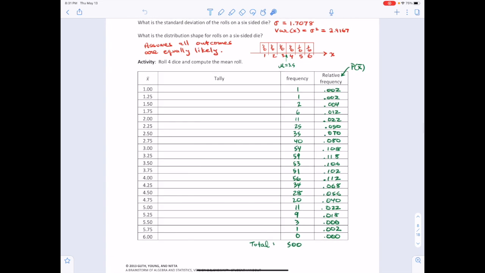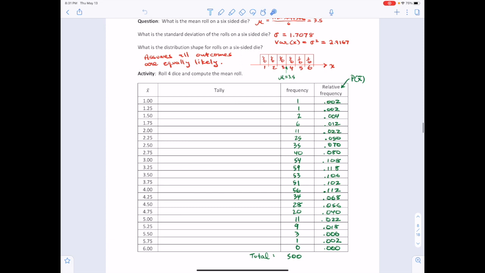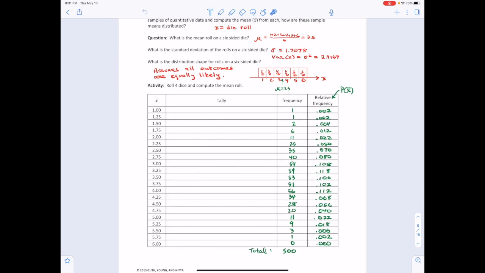Here, I created a simulation in class of the rolling of a die. As a matter of fact, we rolled 4 dice and we computed the mean of the 4 dice. Because there's 4 dice, you have to divide by 4, and the averages can be 1 or 1.25 or 1.5 and so on, all the way up to an average of 6.